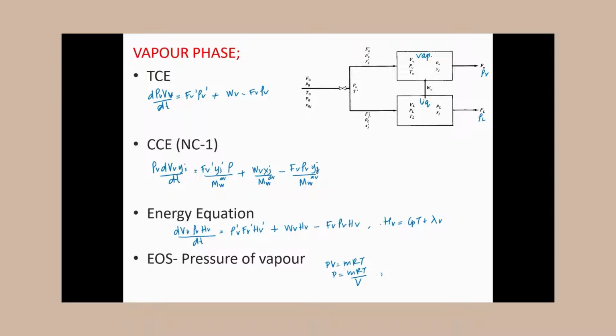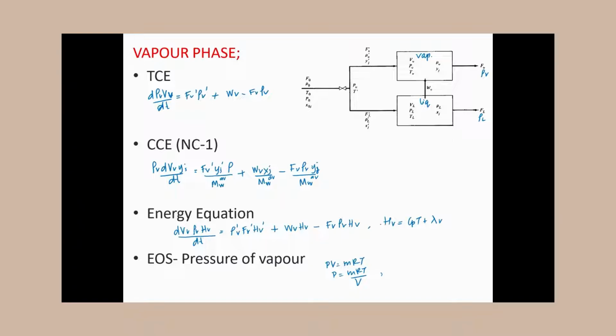For the energy equation, the formula is d VV rho V hV over dt equal to rho V prime FV prime hV prime plus WV hV minus FV rho V hV.